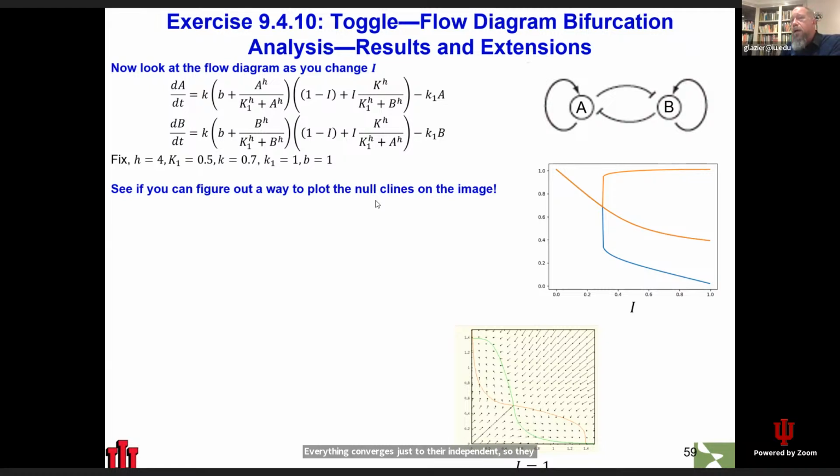When I is 0.4, it still looks like a single stable fixed point. I would have thought that you would see the bifurcation.